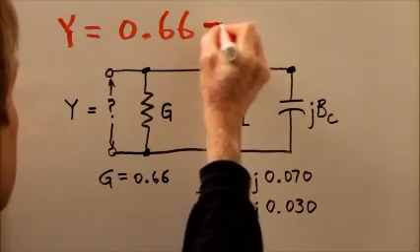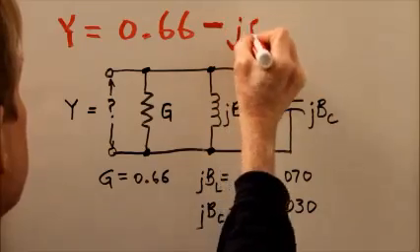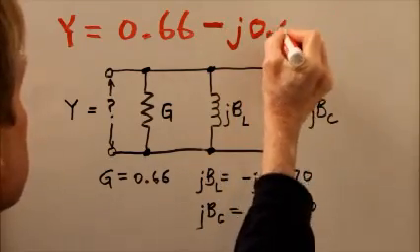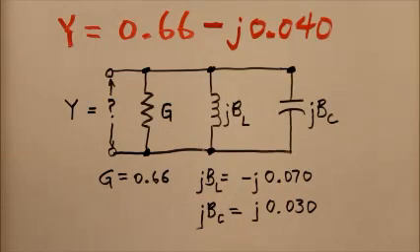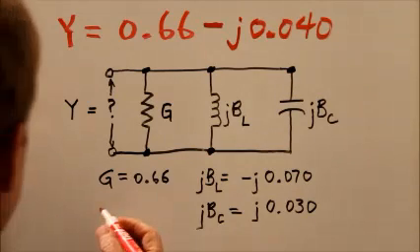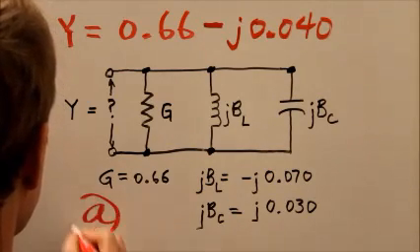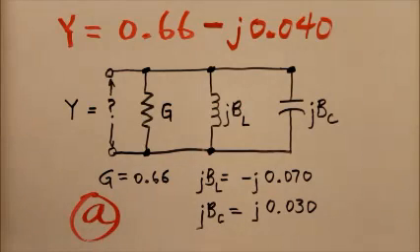So minus J 0.040. That is the complex admittance of this combination, and that number is indicated in choice A as in alpha.